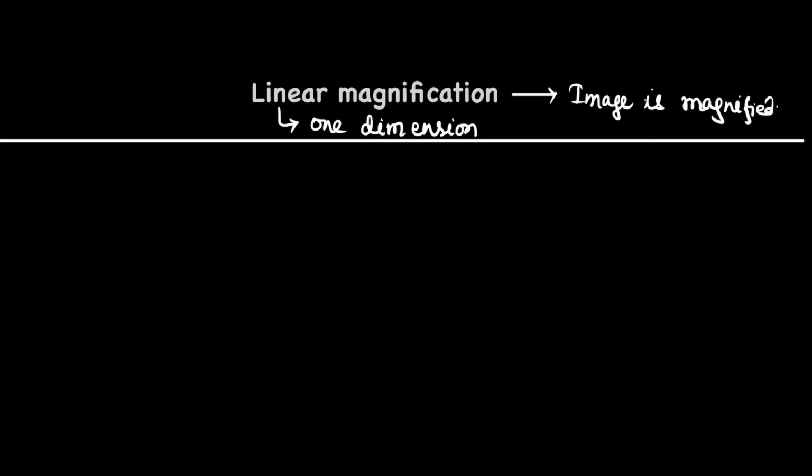So here, linear magnification. What is linear magnification? Linear means one dimensional. And magnification means how much the image is magnified. So, what is the definition of linear magnification?